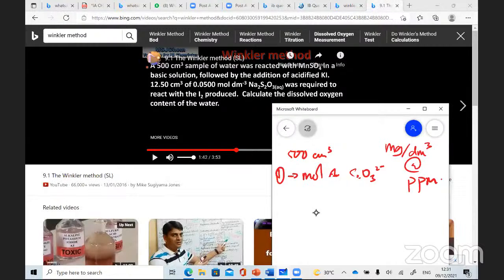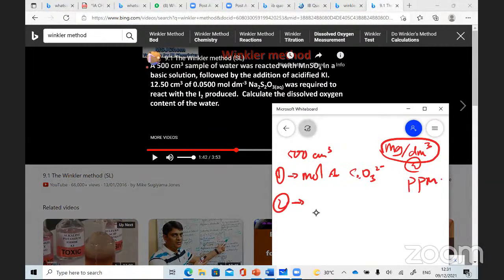But again, the dissolved oxygen milligram per dm cube. So here I'm trying to say that the next is once you get the mole of the thiosulfate, and then you have to find the mole of oxygen. Okay, this is very crucial part. After you get the mole of oxygen, you have to find the mass.